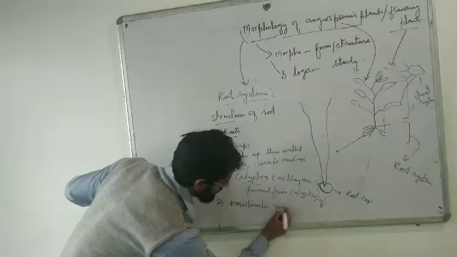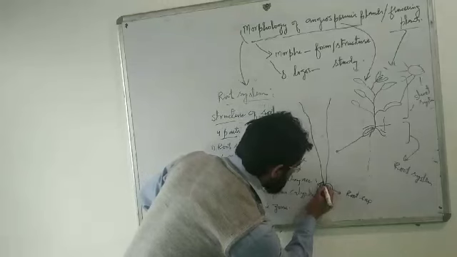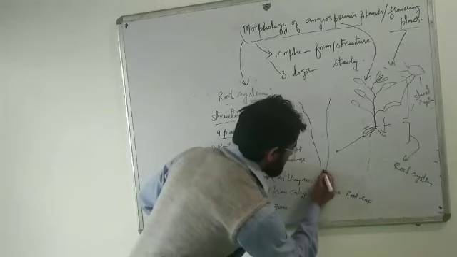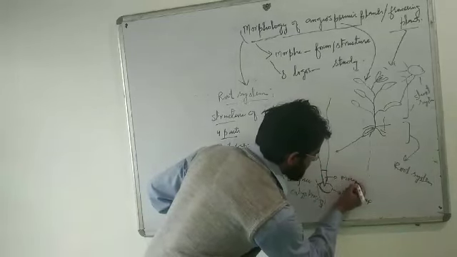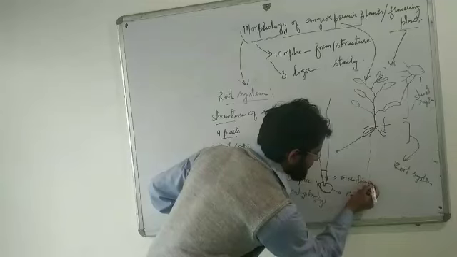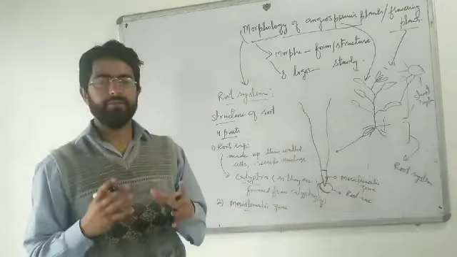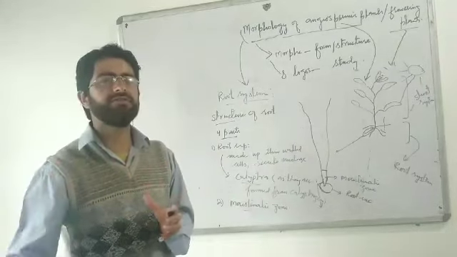What is meristematic zone? Above this root apex, root cap, there is a zone of cells known as meristematic zone. You all know that meristems are cells which have tendency to continuously divide.